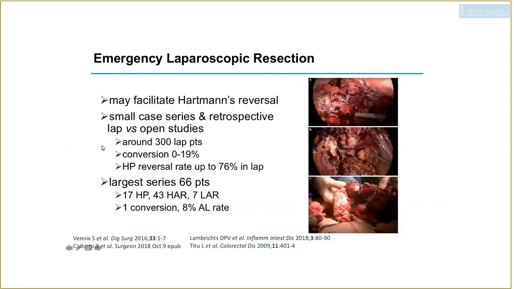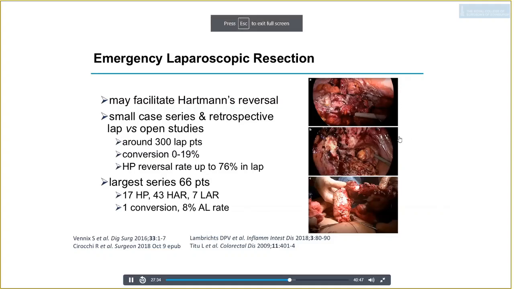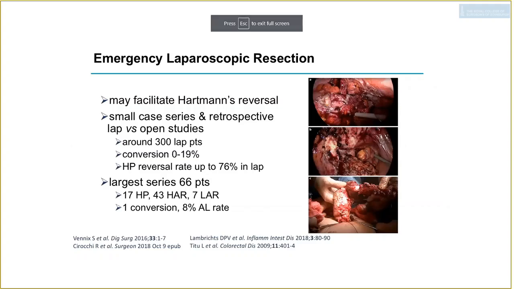Relatively small case series, and a conversion rate of up to a fifth or so, but a higher reversal rate when you look at these series. And the largest series of 66 patients showed that the leak rate was relatively low, and quite a lot of patients had a primary anastomosis. So again, food for thought, and not for everybody, but certainly something to consider.